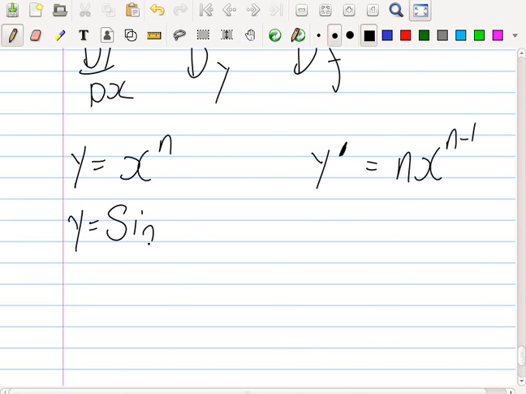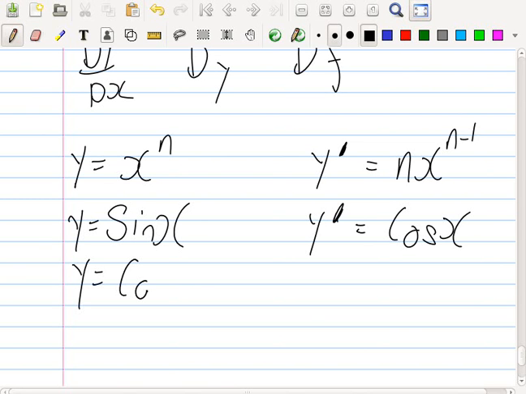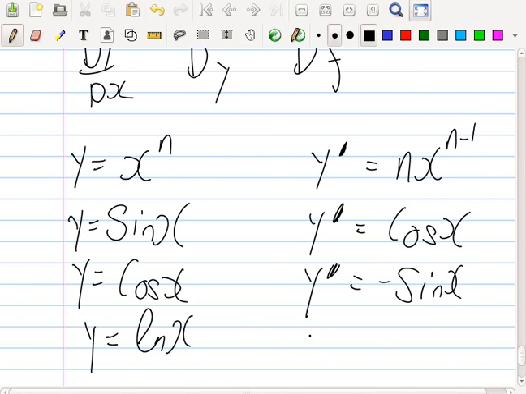If y equals sin x, then the derivative is cos x. If y equals cos x, the derivative is minus sin x. If y equals log x, the derivative is 1 over x.